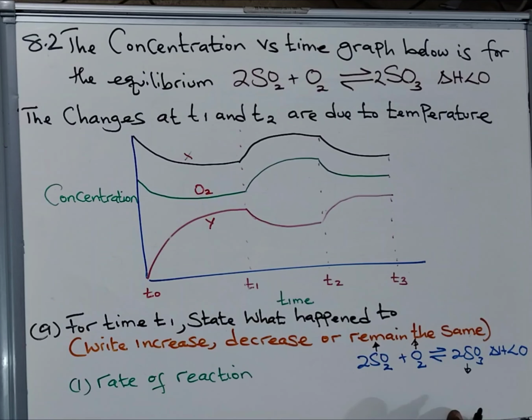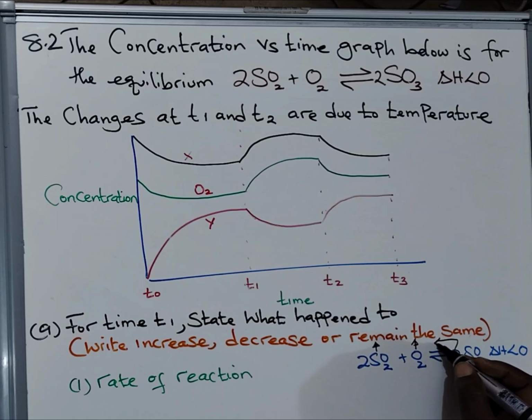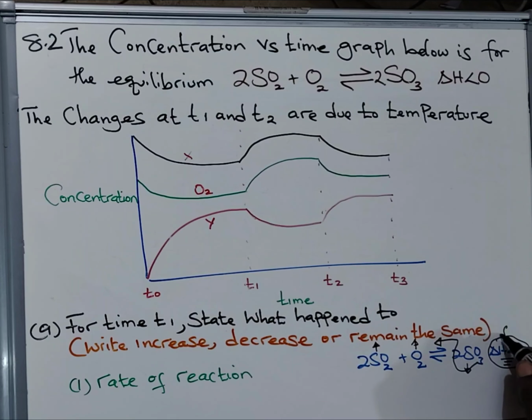What does that mean? That now we know the position of the equilibrium. It is from low to high, so that is it. It is reverse. After that, what do you do? You come to our enthalpy change. What you have here is for the forward.